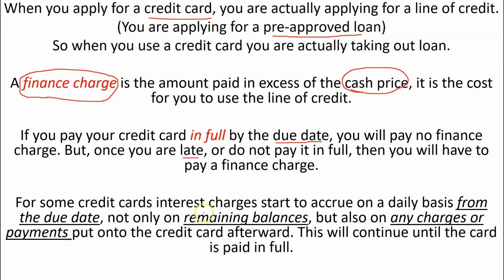For some credit cards, the interest charges start to accrue on a daily basis from the due date. Not only on remaining balances, but like I said, most cards actually start to charge you based off any new charges. Not all of them. You kind of have to know what you're getting into with each card. Visa, MasterCard, Discover Card, all those different kinds of cards.